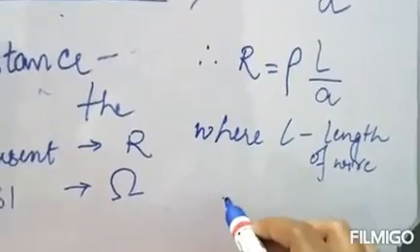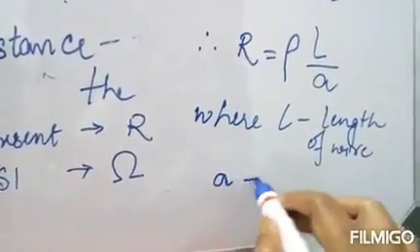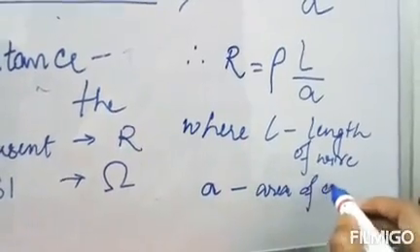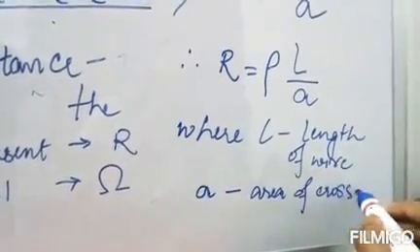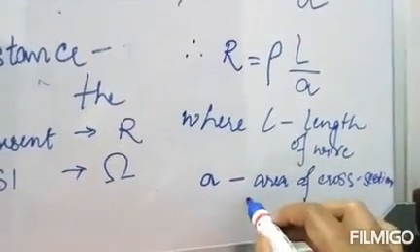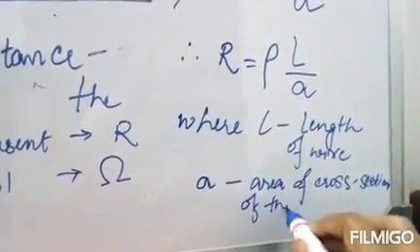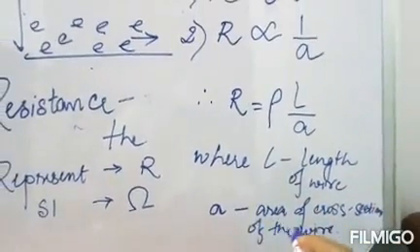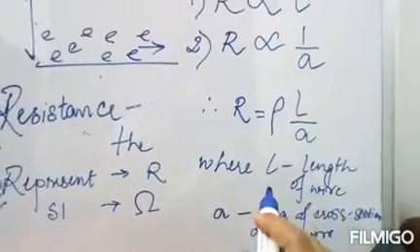And what is A? A is the area. Area of what? Area of cross section of the wire through which current is flowing. Understood?